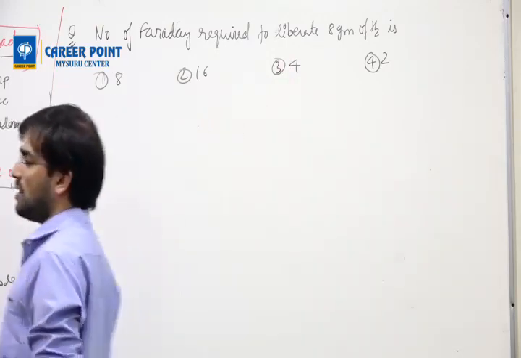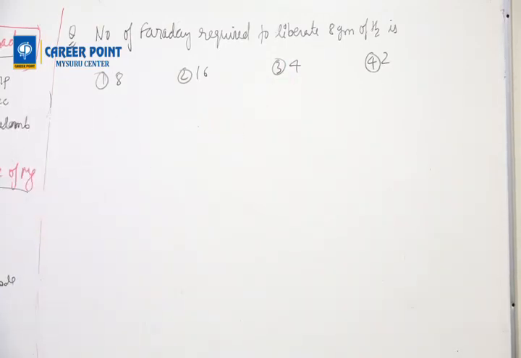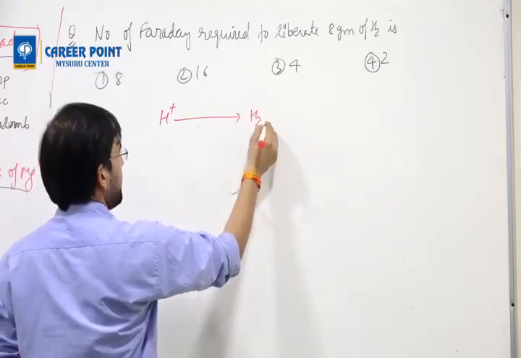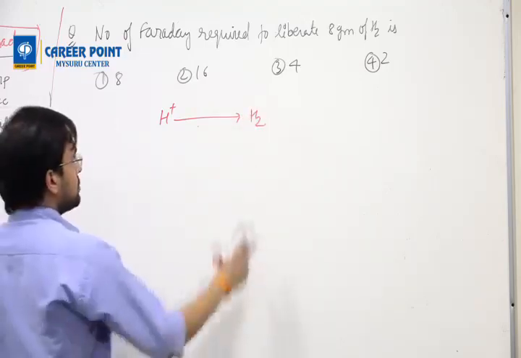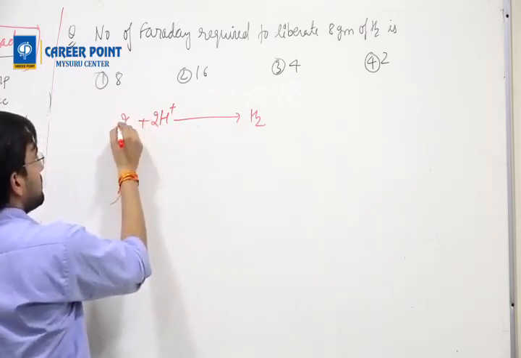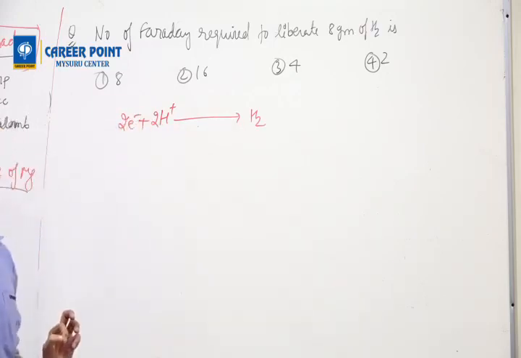Liberate 8 gram of hydrogen. So to liberate 8 gram of hydrogen, we'll do it from H plus only to form H2. So 2H plus, plus 2 electrons, gives H2.